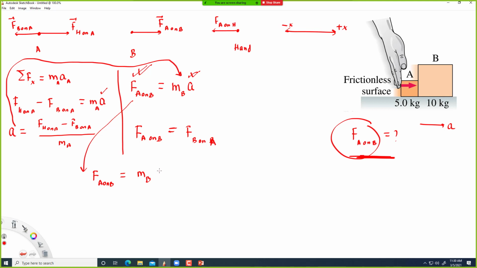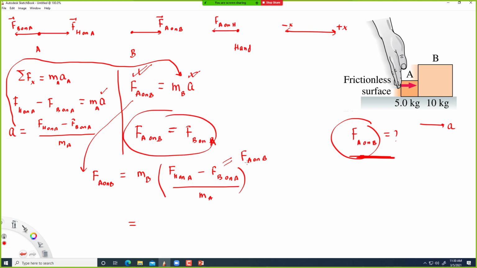So M B a is F H on A minus F B on A over M A. And we don't have this, but we know that this is F A on B, from Newton's law. So here you see F B on A is equal to F A on B. Okay, so these two things are the same.